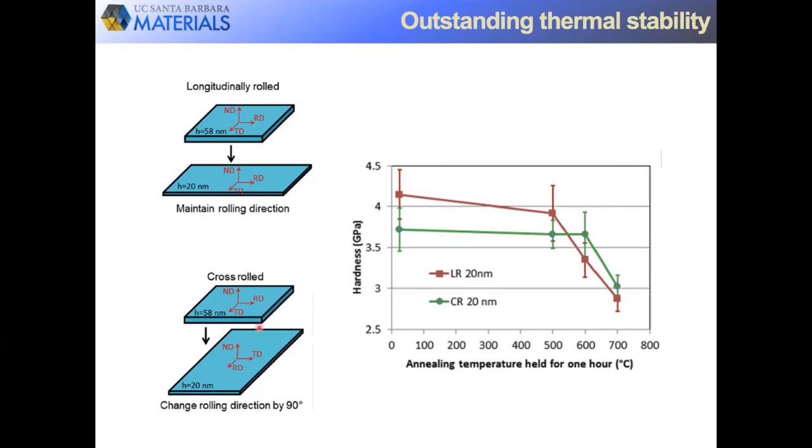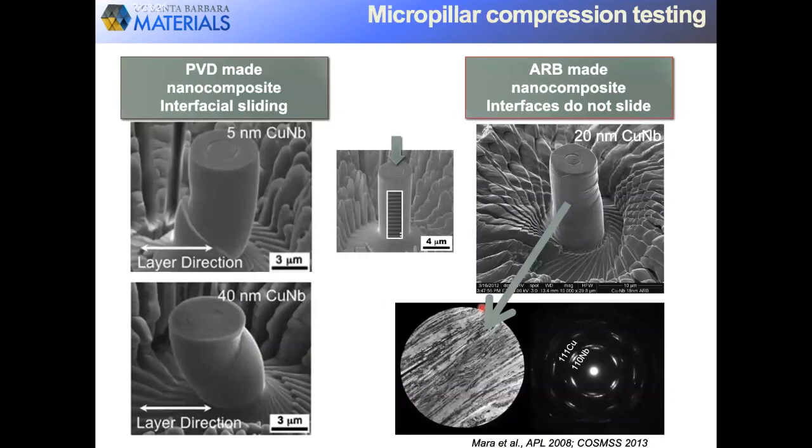With cross rolling, we created pancake grains and we increased the internal grain boundary density. And in repeating this thermal test, we find that the hardness goes down, but the thermal stability also increases when we reduce the grain boundary density within the layers.